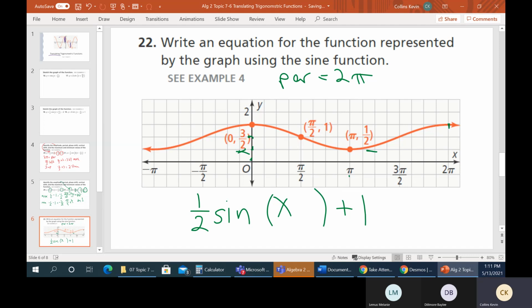So if we start at 1 for y, notice that we've gone to the right pi over 2, because that would be our starting point on a normal function that's been moved up 1. Since it went to the right, we're going to use the opposite sign and do x minus pi over 2. And this is your entire function.